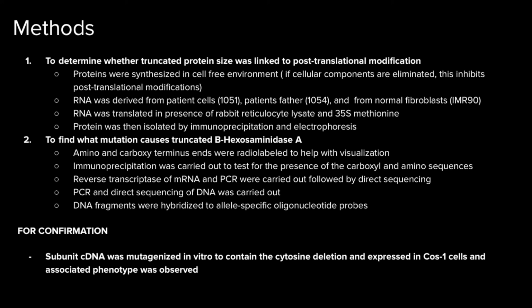RNA was translated in the presence of rabbit reticulocyte lysate, which contains necessary components for protein synthesis. This is helpful because when eliminating cellular components, nutrients are still available for protein synthesis to still take place.